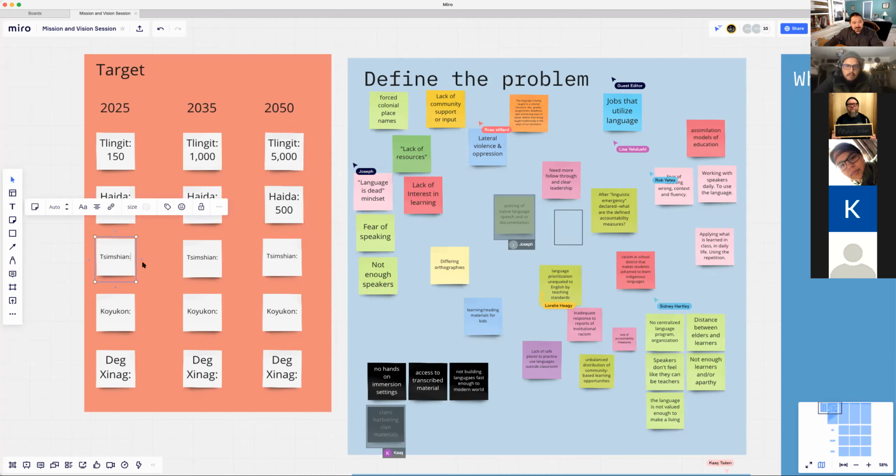Okay, what about Simshan? What do you think? 4 years from now, it feels like we're on the right track. How many speakers? I'm thinking total, including our relatives in Canada. This isn't just Alaska. Yeah, that's kind of tricky because there's a bit of a division there, though there shouldn't be.